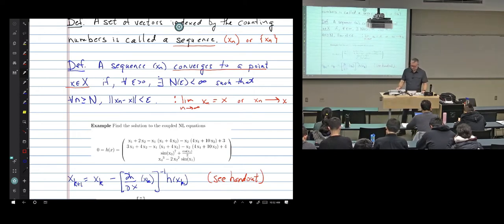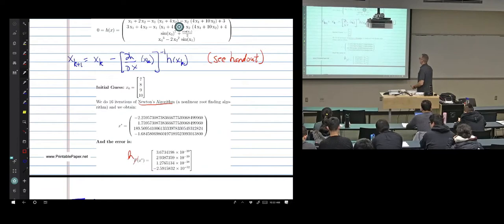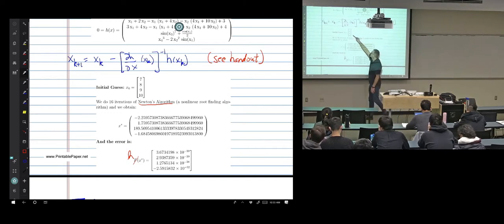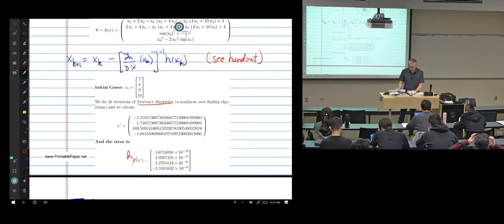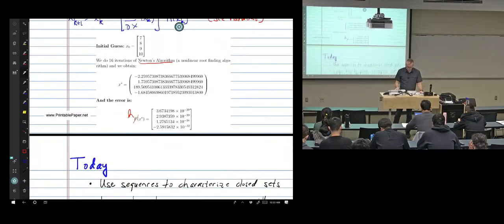And Newton needed to do that, and he invented a little algorithm. And it's written right there. We'll see how it's derived. Maybe you already read the handout. And here we took a really brilliant initial condition and then converged to high accuracy to the solution. Okay, so that's the notion of a sequence. Here we just developed 16 elements, but in principle we could have iterated to infinity.